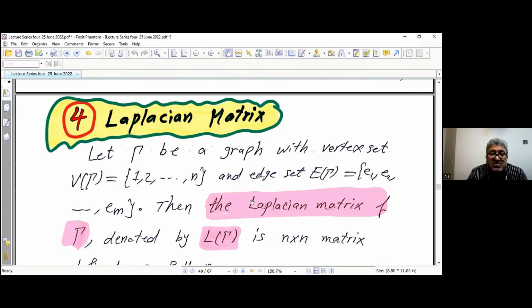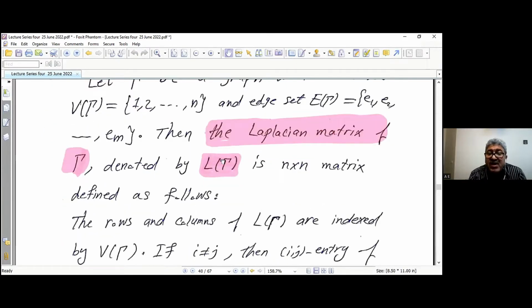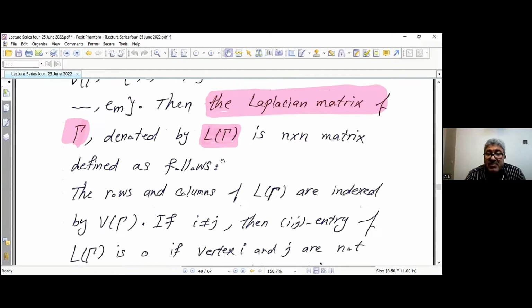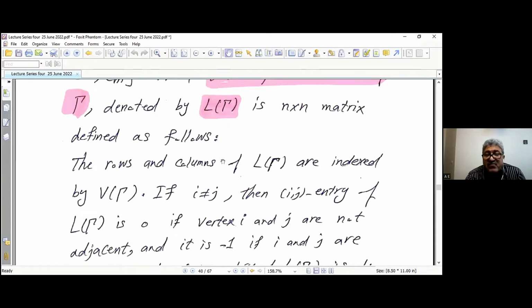So suppose that gamma is a graph with vertex set 1 up to n. So we have n vertices and m edges. The Laplacian matrix of gamma, which we may denote by L of gamma, is an n times n matrix, and we can define it as follows.